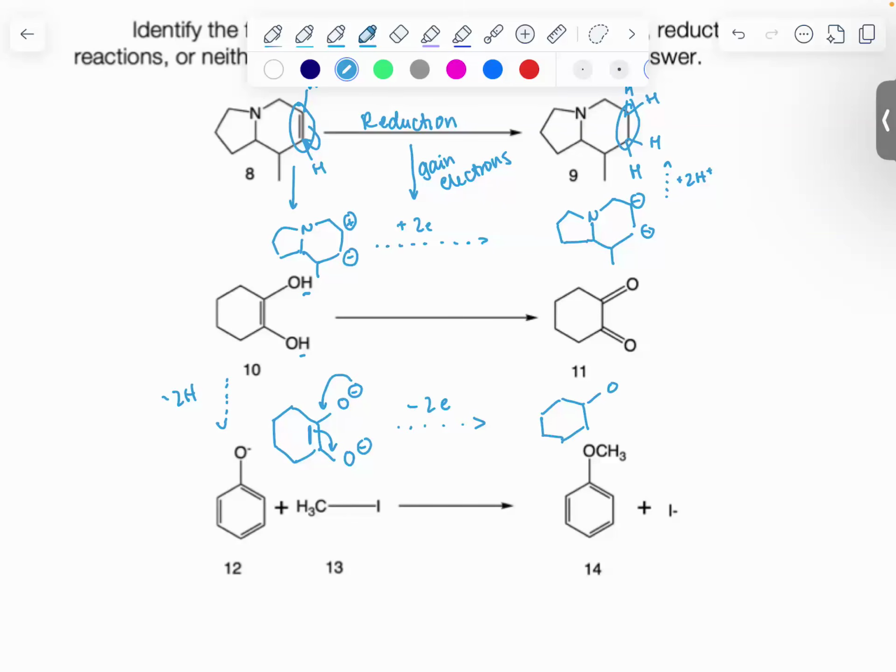That way, instead of ending up with these incorrect arrows that would give me an O minus 2, this gets us to where we need. What kind of reaction is this? Oxidation.